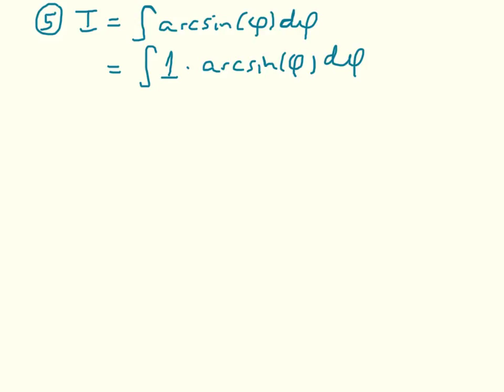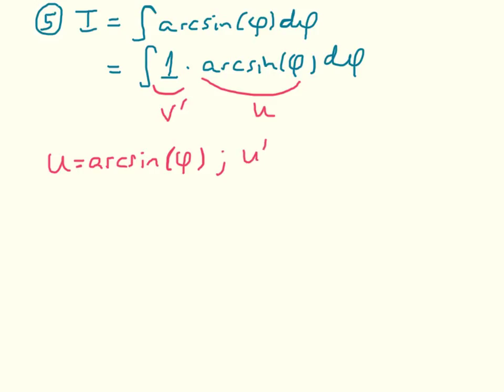So here, this is what I'm going to integrate, and this is what I'm going to differentiate. So this is u, and this is v prime. So u is arc sine of phi, and the derivative of arc sine is 1 over the square root of 1 minus phi squared.